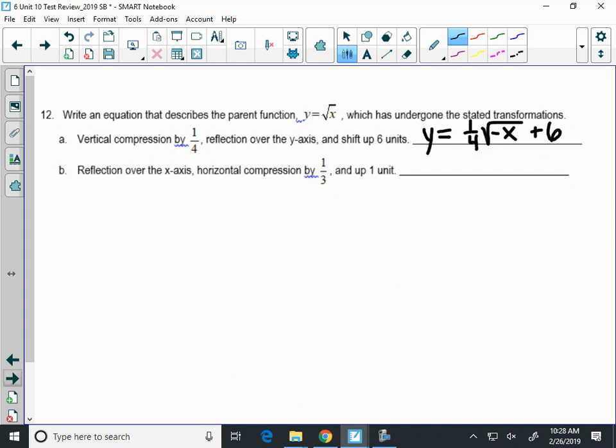Now, if I reflect over the x-axis, I'm going to have a negative out in front. A horizontal compression goes under the radical, and remember, for the compression, you take the reciprocal of what you're compressing by. So if I compress by 1/3, the reciprocal of that is 3 for my x, and then up 1 would be +1 on the end.